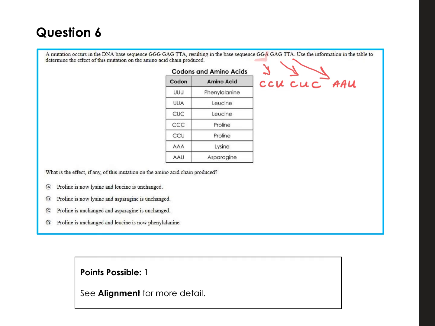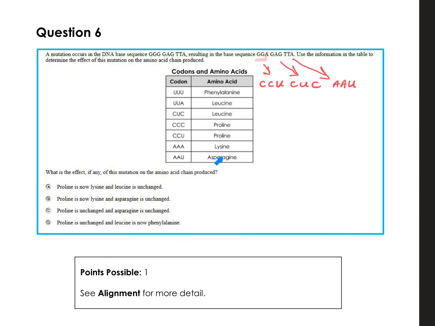It's asking: use the information table to determine the effect of this mutation on the amino acid produced. They give you the table and tell you UUU is going to give you phenylalanine. There is no UUU here, so we don't have to worry about that. CCU is going to be proline. CUC is going to be leucine.